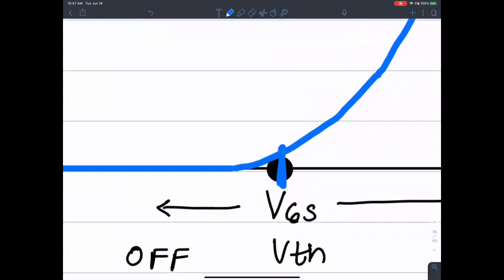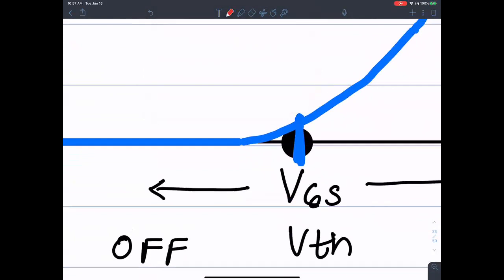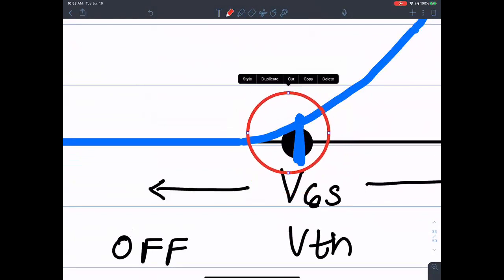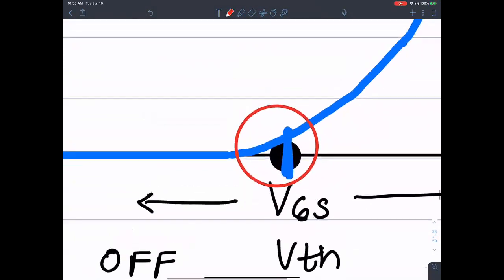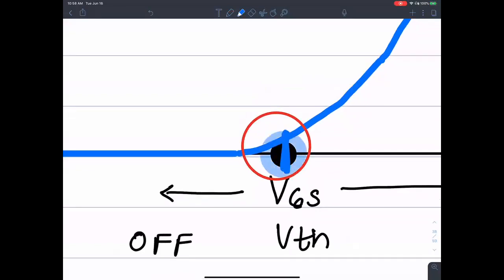Why do you think this is happening? We talked about this earlier, in one of the higher order effects, something in between on and off. Towards the left of this point I should expect to see zero current, but there is some non-zero current anyway.